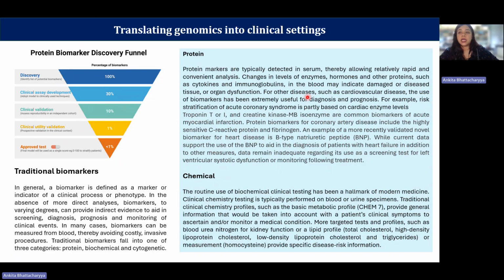For example, it's written here, risk stratification of acute coronary syndrome is partly based on cardiac enzyme levels. Cardiac enzymes include troponin T or I, creatine kinase MB. These are isozymes. These are common biomarkers of acute myocardial infarction. They are all representing different subtypes of cardiac diseases and very, very critical diseases.